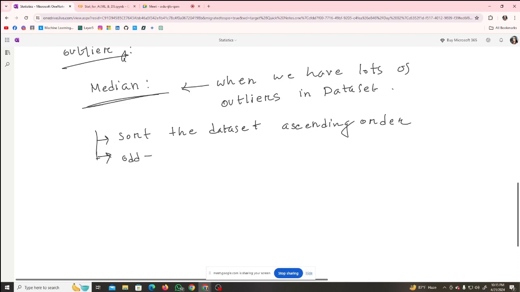If the length of that array is odd, this is how you should do it.